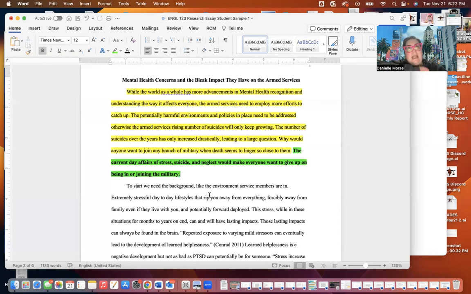It should not present any new information. It should not present anything that's like, hey, guess what? New information. That then is a disconnected thesis because it's not connected to anything you've already stated in the introduction. So here it's like, okay, well, now you're kind of saying something new.